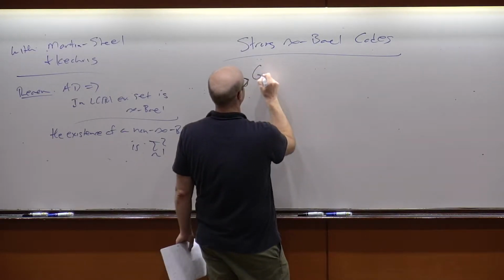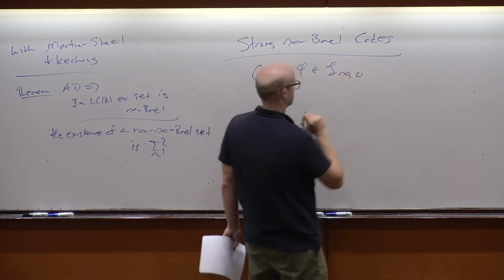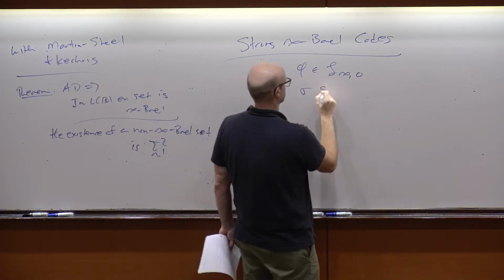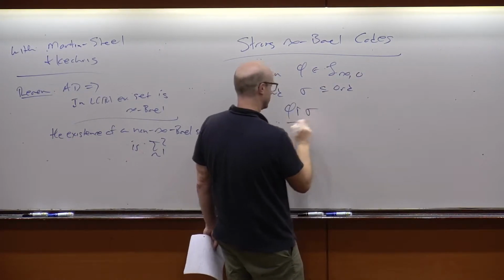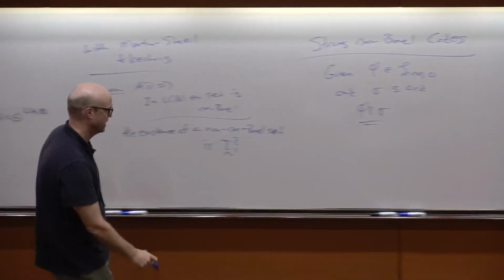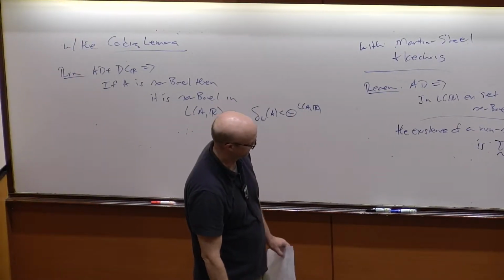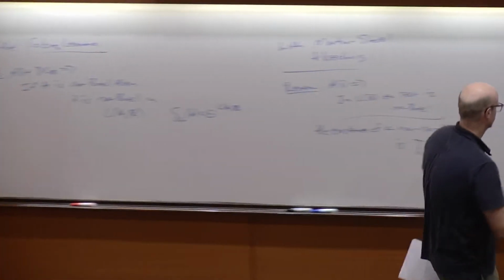So given phi, which is a sentence in L infinity omega, and a set sigma contained in the ordinals, we're going to define phi restricted to sigma. We only include things indexed by ordinals in sigma.